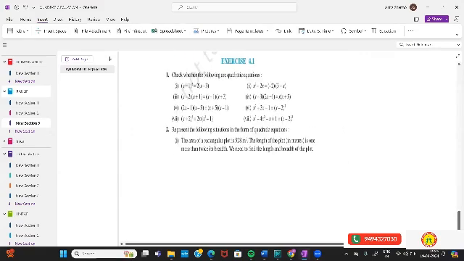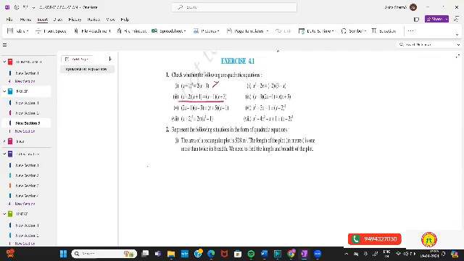Yes, children, now the screen is visible. So tell me, is the third part a quadratic equation or not? Ma'am, it's not a quadratic equation.